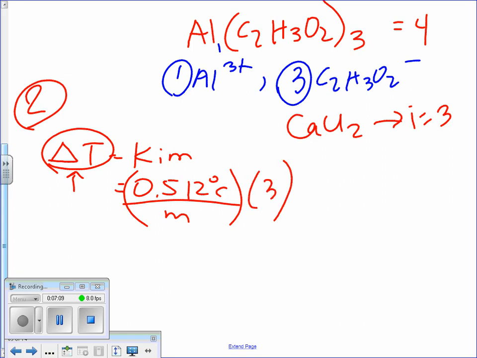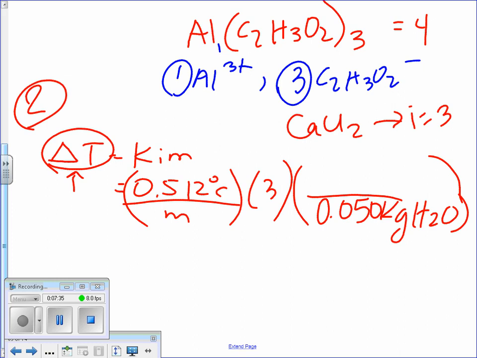And how do you get the m, Tydasia and Samara? Okay, so I'm going to go ahead and do kilograms of water. Can you look at number 2 and tell me what kilograms of water is? Right, so we took 50 grams, moved the decimal back 3 spaces, and you got 0.05 kilograms of water. And then tell me what I would be doing on top in order to get the moles.